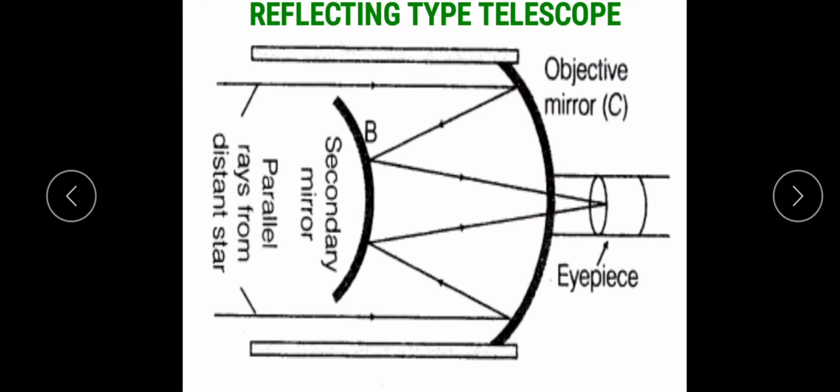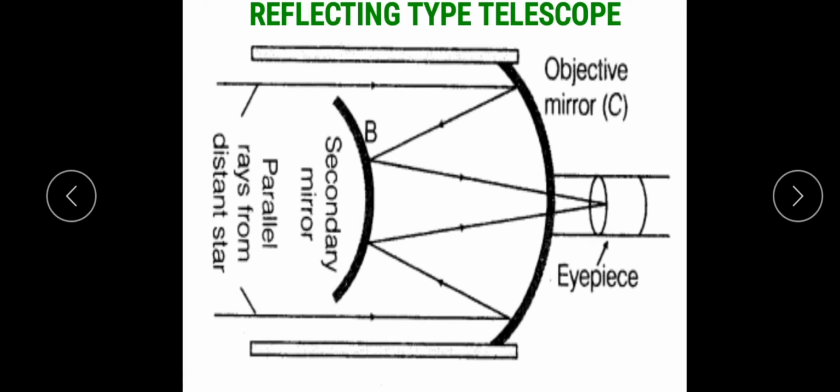If parabolic mirrors are used, there is no spherical aberration also. The image formed is much brighter. So here is one more advantage of using a mirror: the image formed is much brighter and the resolving power is also much higher compared to the refracting type of telescope.